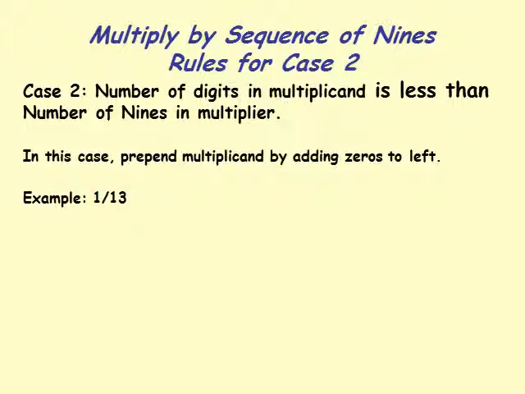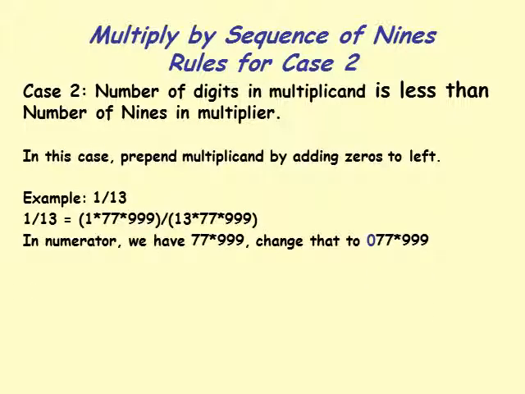So if you're trying to do recurring numbers for 1 over 13, the steps are we multiply both the numerator and denominator by 77 first. Then we multiply both the numerator and denominator by 999. So in the numerator we have 77 times 999, which we change to 077999.